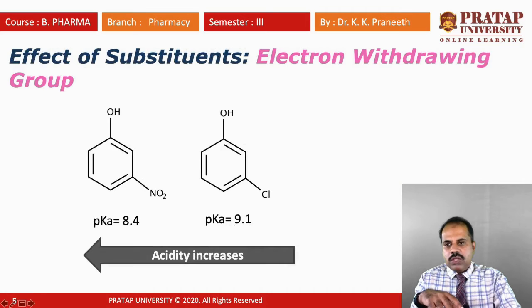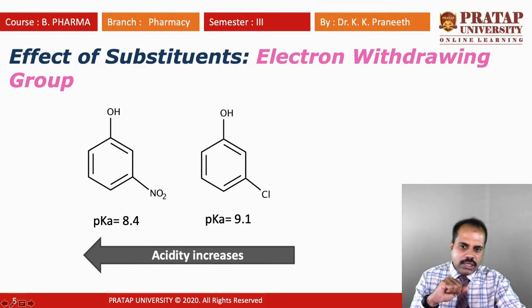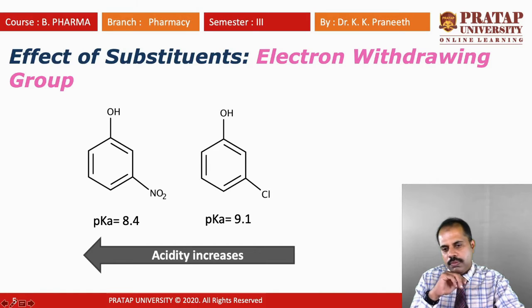We can also see the same thing in the case of electron withdrawing group examples. Here I am giving 2 examples. One is nitrophenol, having the NO2 group attached on the phenyl ring, and at the same position, the second example is chlorophenol, having the chloro group attached. You can see what is happening to the pKa value.